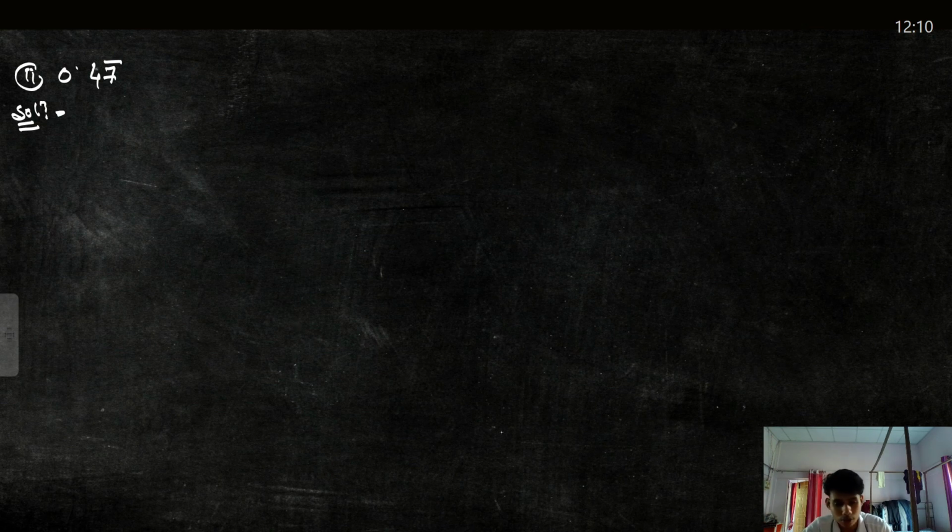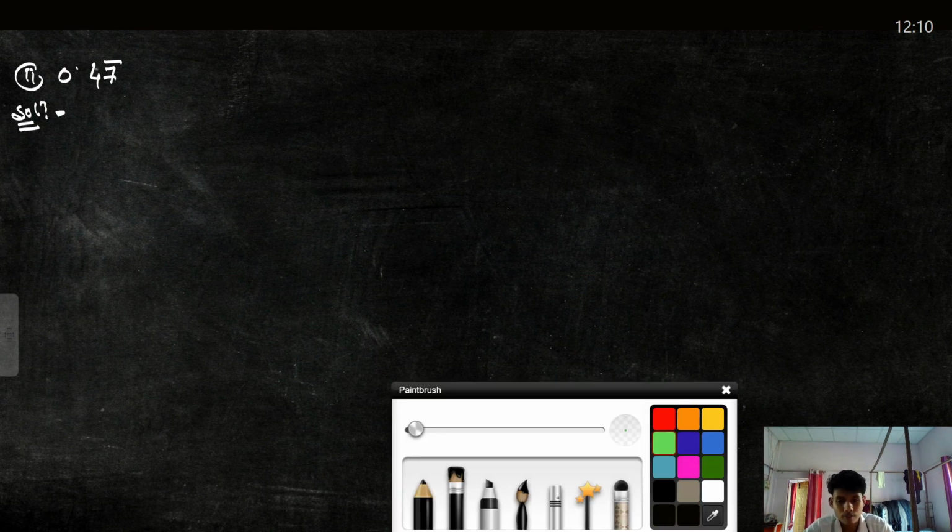Now comes the second question. 0.47 bar. Similarly, we'll let x be equal to 0.47 bar, which is equal to 0.4777 dot dot dot. Let it be equation 1.